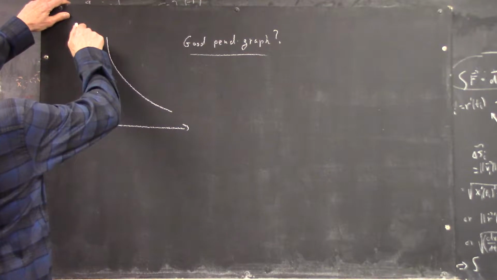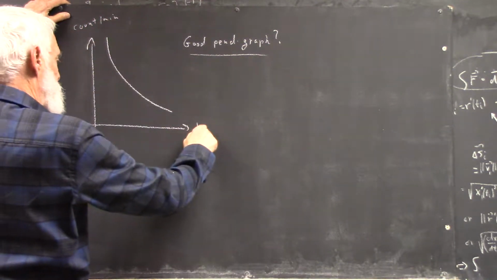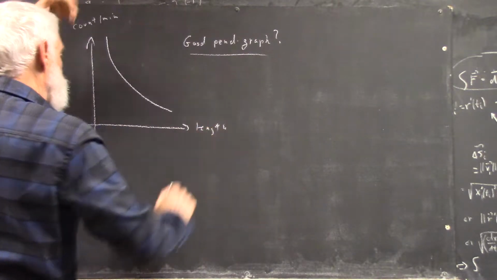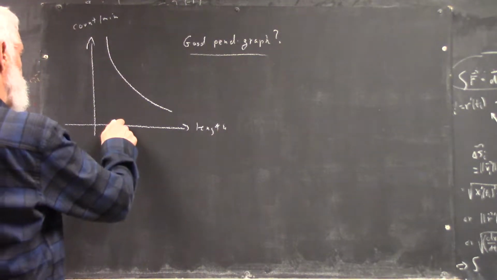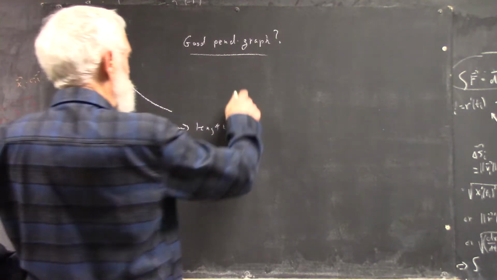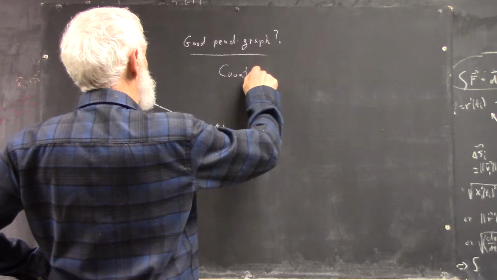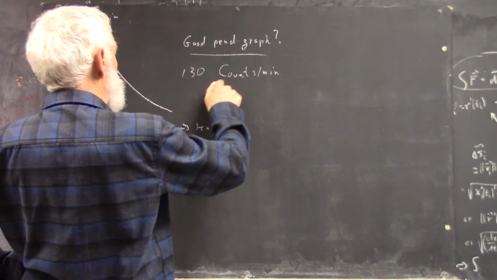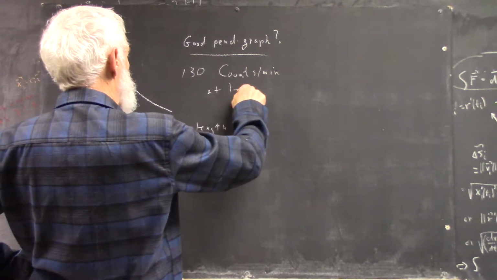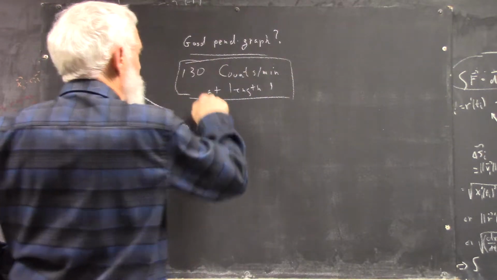So, count per minute versus length. Okay, well, let's say at length 1, there is 130 counts per minute at length 1. Okay?